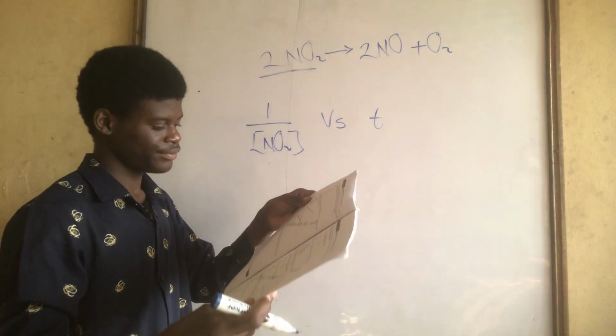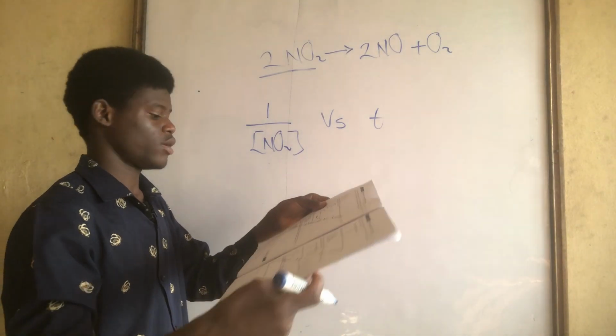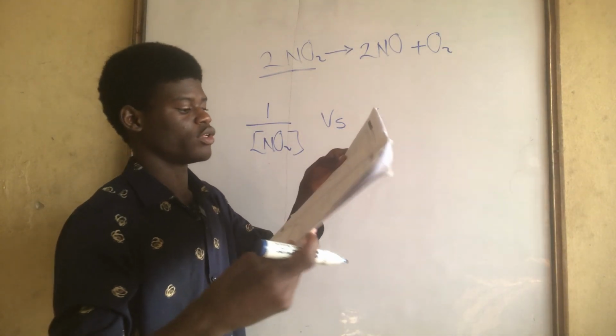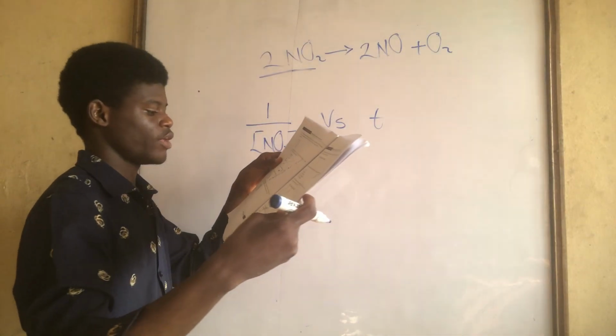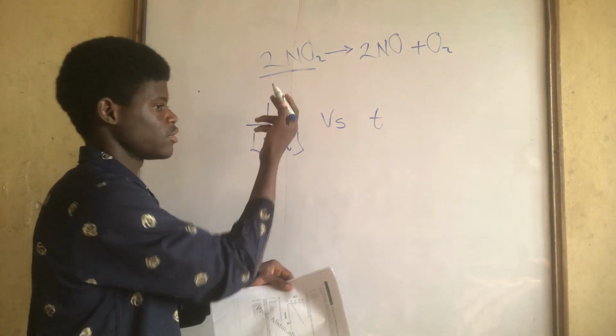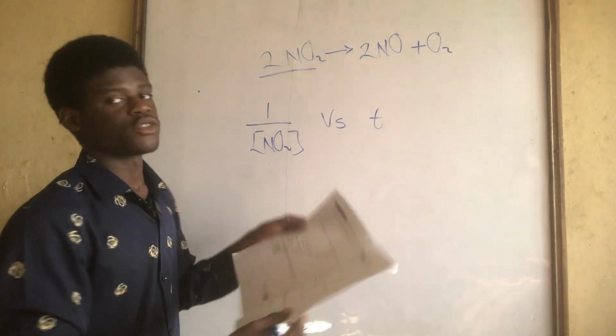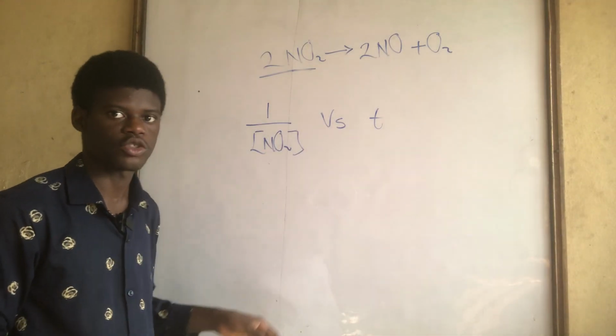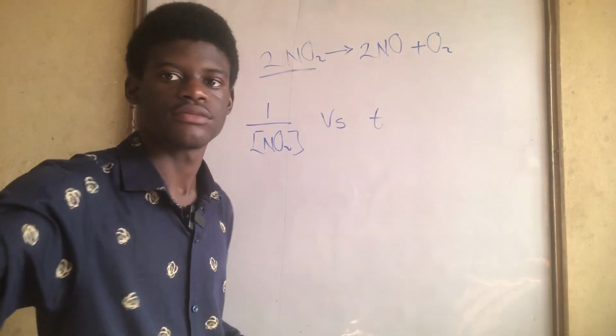So our answer is straightforward: option A, a plot of 1 over NO2 versus time. Question number 36 is option A.